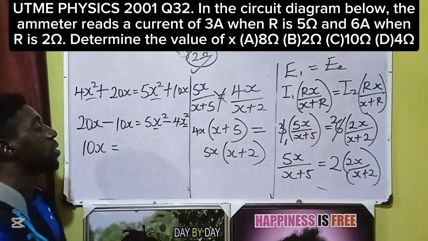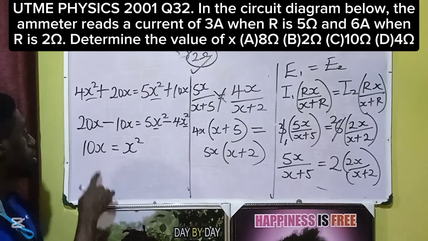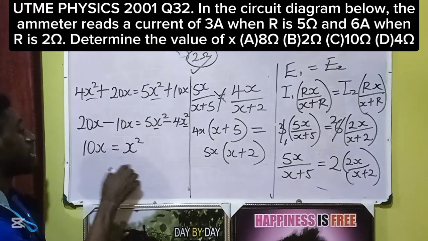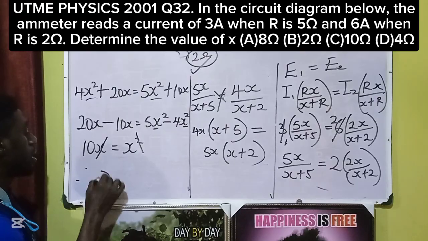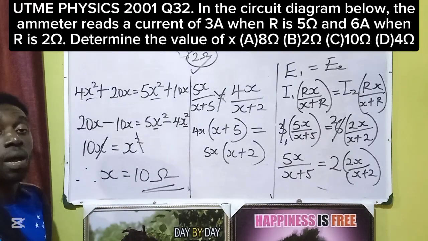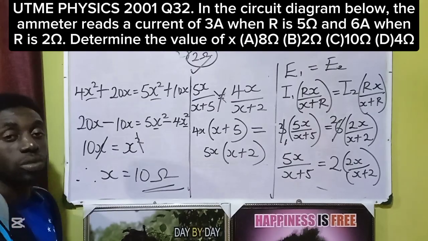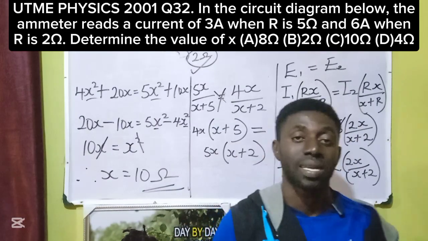Notice the same term, we'll have just x squared. Notice we have x here and we have x squared there. So this x cancels one x. Finally, x is equal to 10 ohms. Finally, we've gotten our internal resistance, and that's 10 ohms.